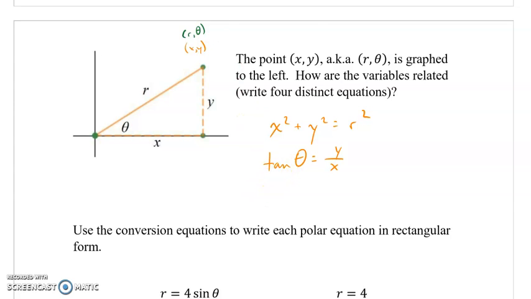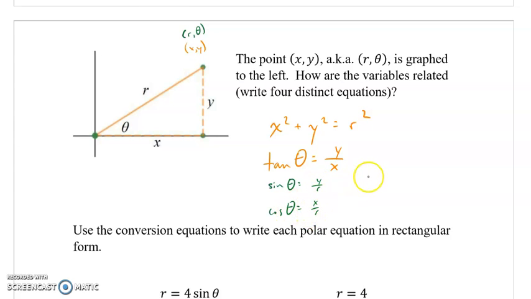Now the other two that I'm going to write, I'm going to start them off using the definitions. The sine of theta equals y over r, and the cosine of theta equals x over r, right? But we don't tend to use them in this form when we're talking about polar. We tend to prefer to solve for x and solve for y.